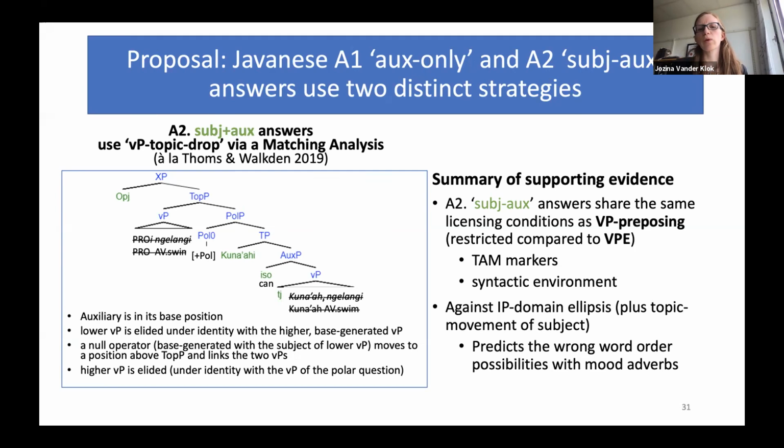So the VP movement feeding ellipsis cannot be generalized in any way to also account for VP ellipsis. Then against IP domain ellipsis plus topic movement of the subject, I provided a second argument in addition to the distribution of TAM markers: it predicts the wrong word order possibilities with mood adverbs.